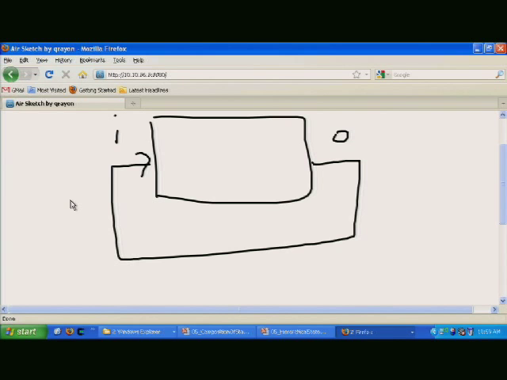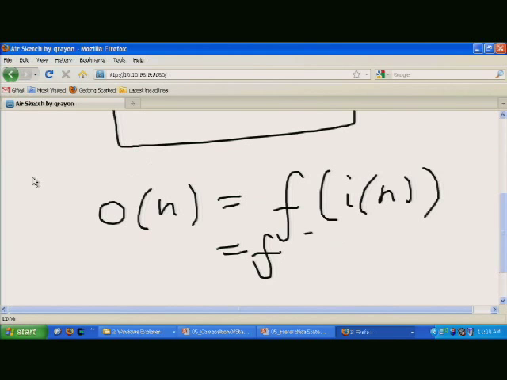So defining the semantics of feedback composition can be quite tricky. What you need is to be able to compute the solution to equations of this form: O of n equals f of O of n.